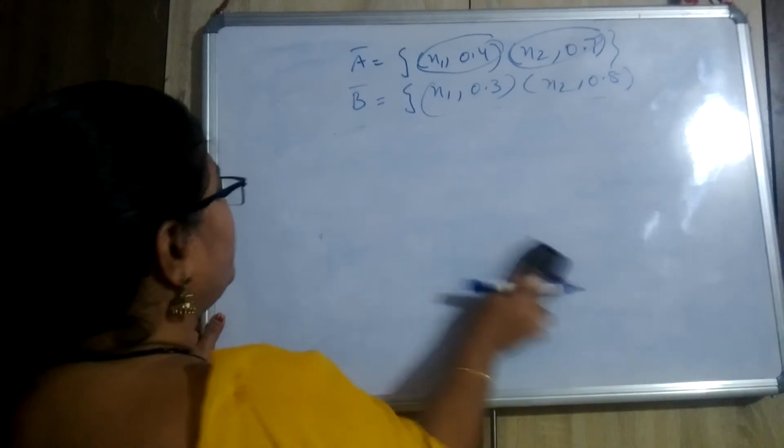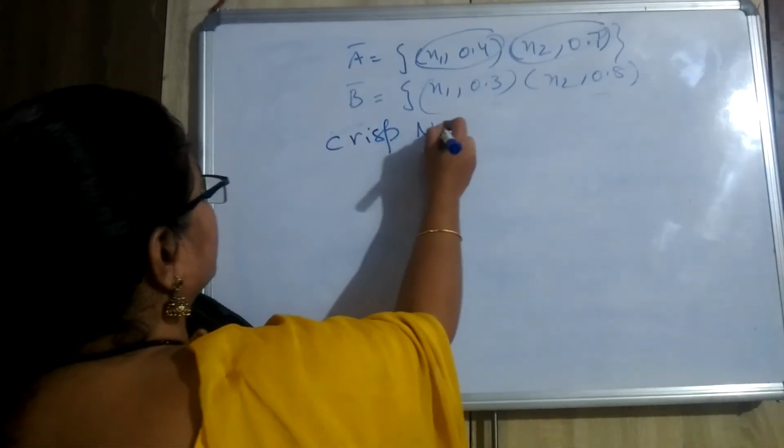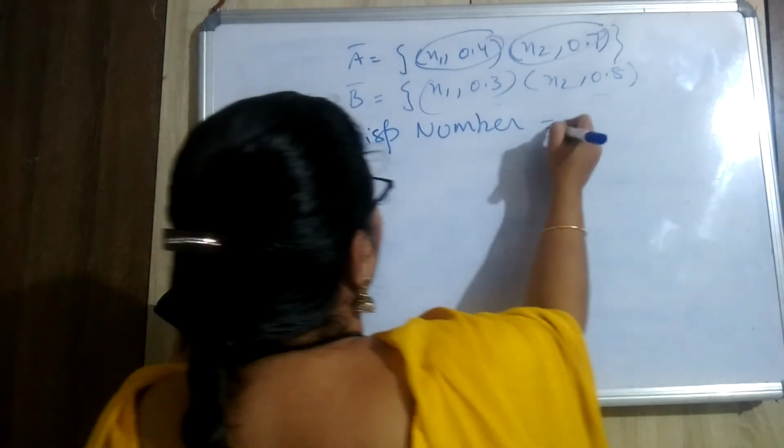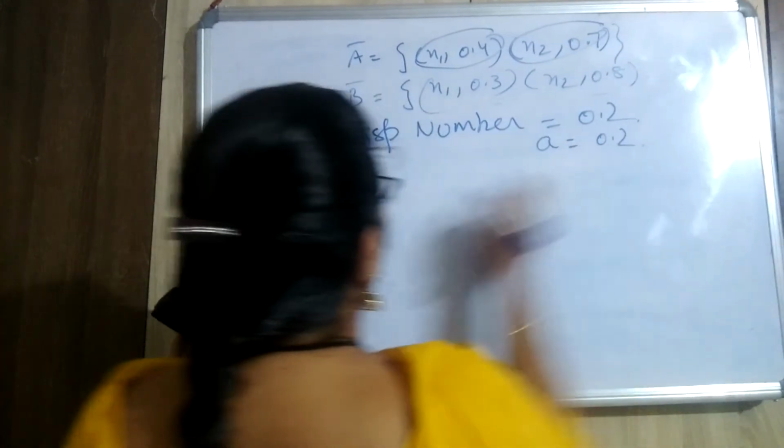I have taken a crisp number as 0.2. So we are representing it as 0.2.